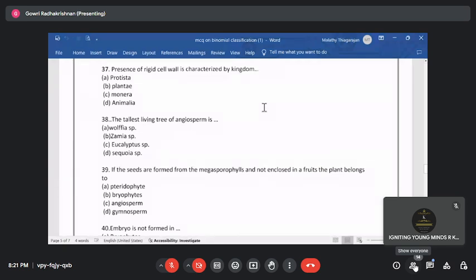Question number 37. Presence of rigid cell wall is characteristic of kingdom? Plantae, ma'am. Yeah, that is the first thing we all think about. See, the Plantae has so many characteristics. Cell wall is just one among them.